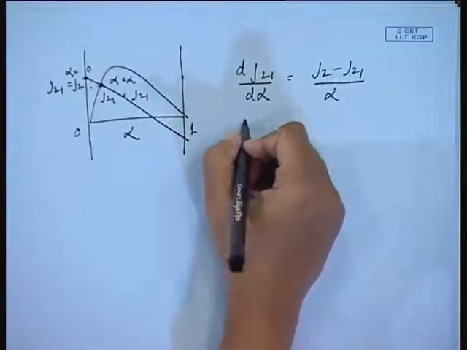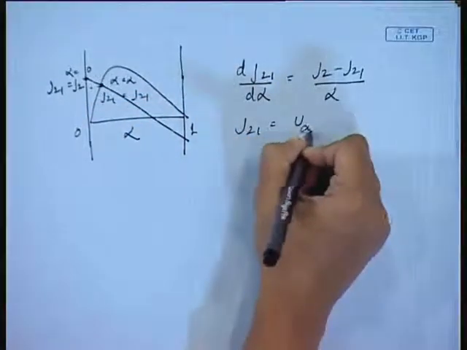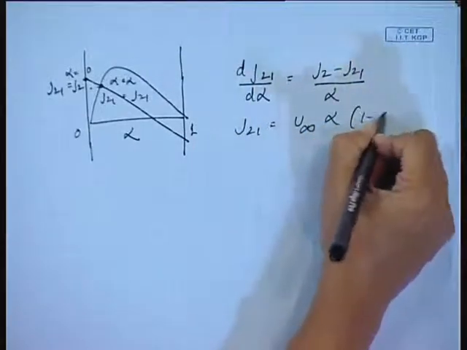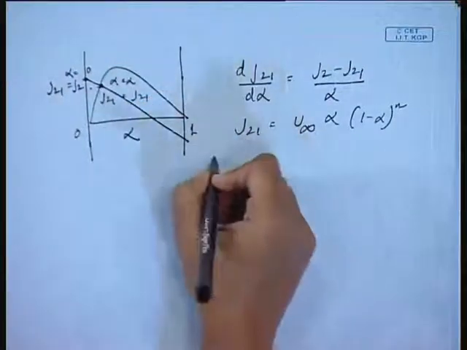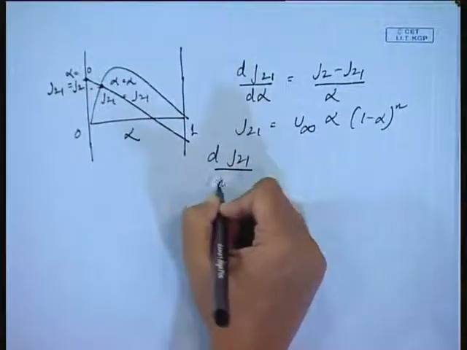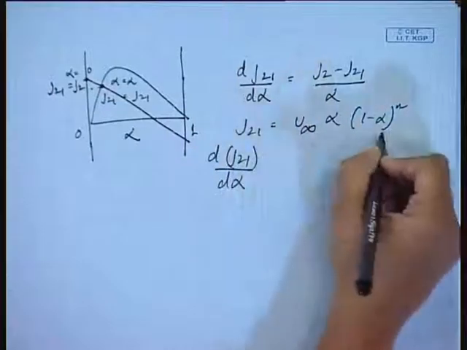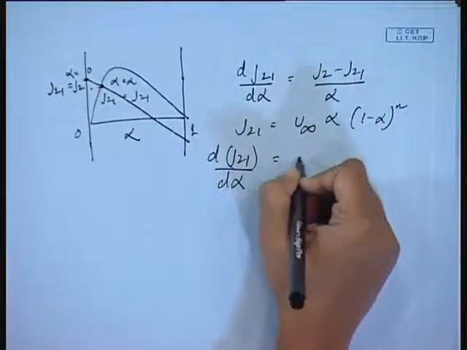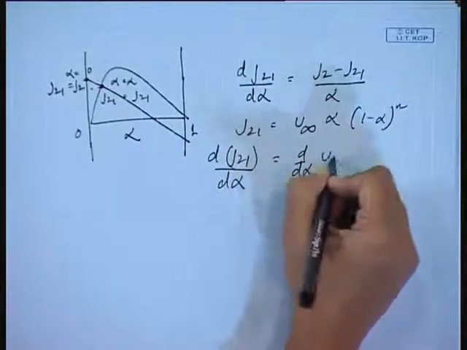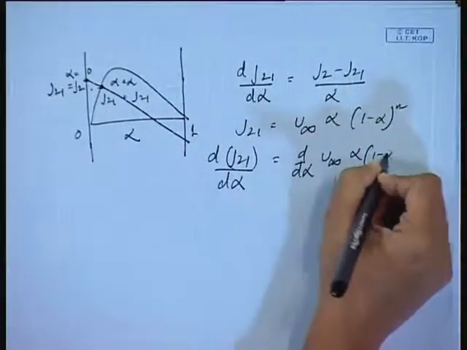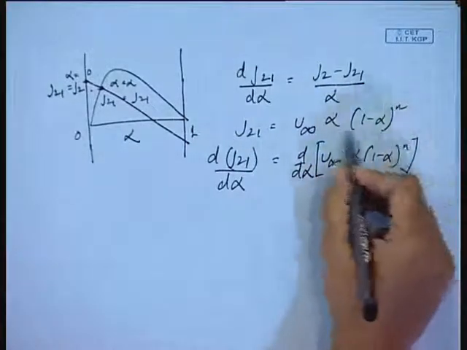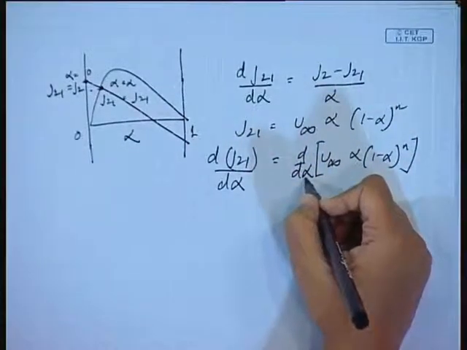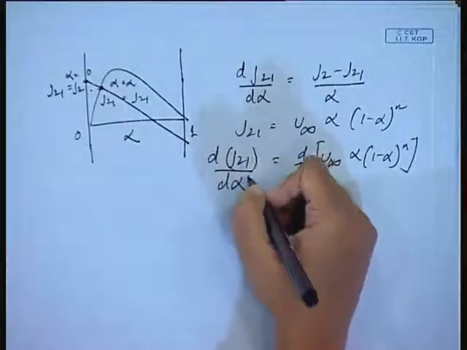Okay. Now, at the point of intersection, what do we know? We know at the point of intersection J21 equals u infinity alpha into (1 minus alpha) to the power n. So, at this particular point, if I differentiate J21 with respect to alpha, d alpha of u infinity alpha (1 minus alpha)^n, this equation, if I differentiate it with respect to alpha, then I get the slope of this curve.